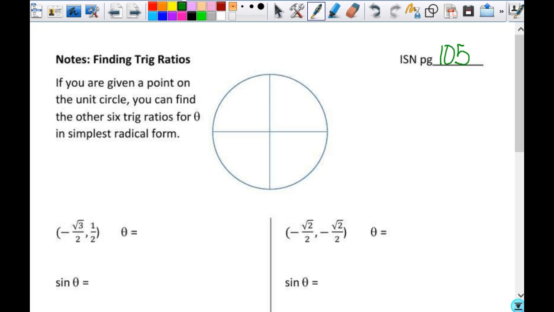Okay, so if you are given a point on the unit circle, you can find all 6 trig ratios for theta in simplest radical form. So remember that for a unit circle, your ordered pairs, x, y, is cosine theta, sine theta, and that tangent theta equals sine theta over cosine theta.